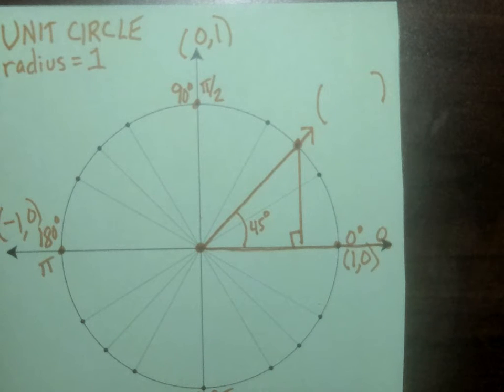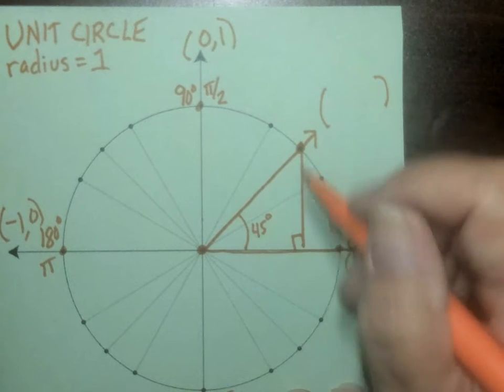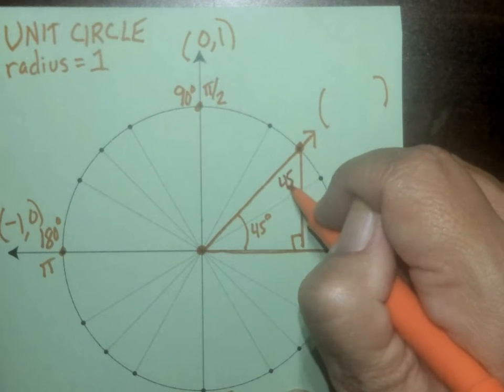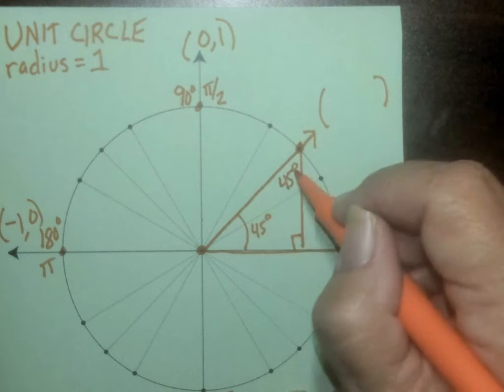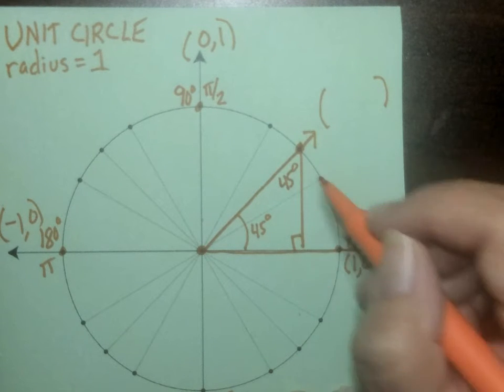So let's look at what kind of triangle we have. If this is 45 and this is 90, this angle has to also be 45 because the angles in a triangle add up to 180.